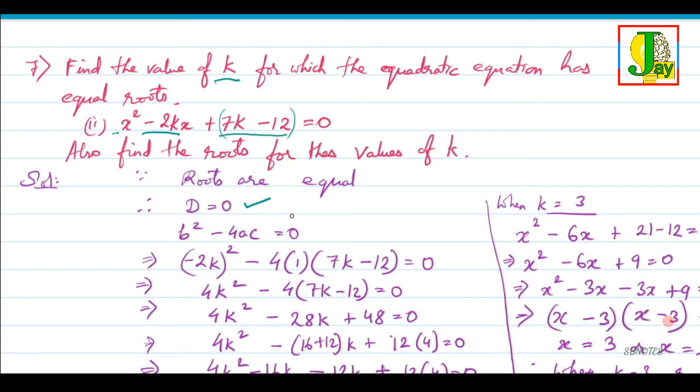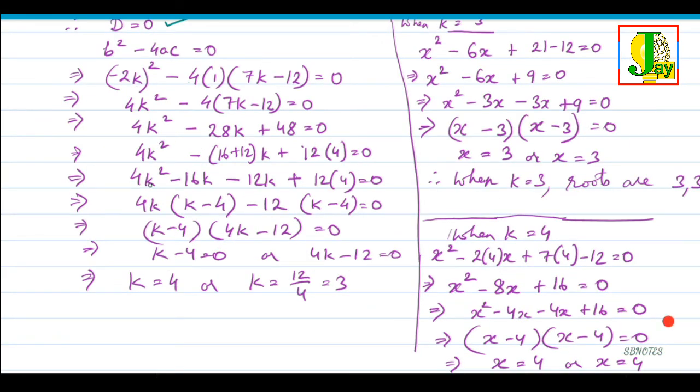So b square minus 4 into 1, and this is c. After solving this, you get this equation, 4k square minus 28k plus 48 equals to 0.